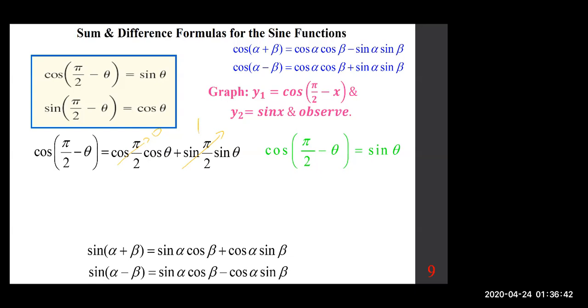That's what we are going to establish. So sine of pi over 2 minus theta, we can write it's the same as cosine of pi over 2 minus pi over 2 minus theta.